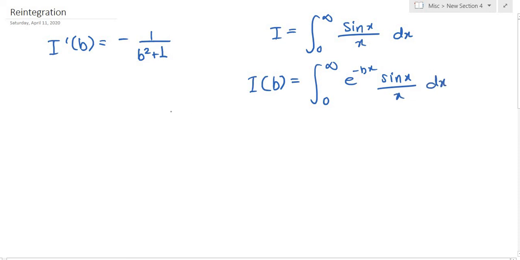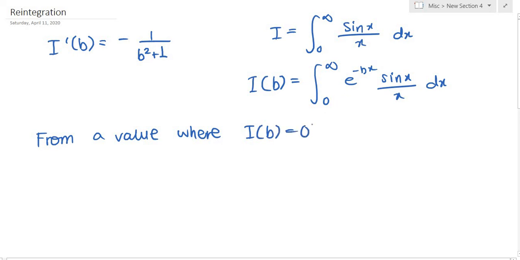So we want to integrate from a value where our I of b is equal to 0.